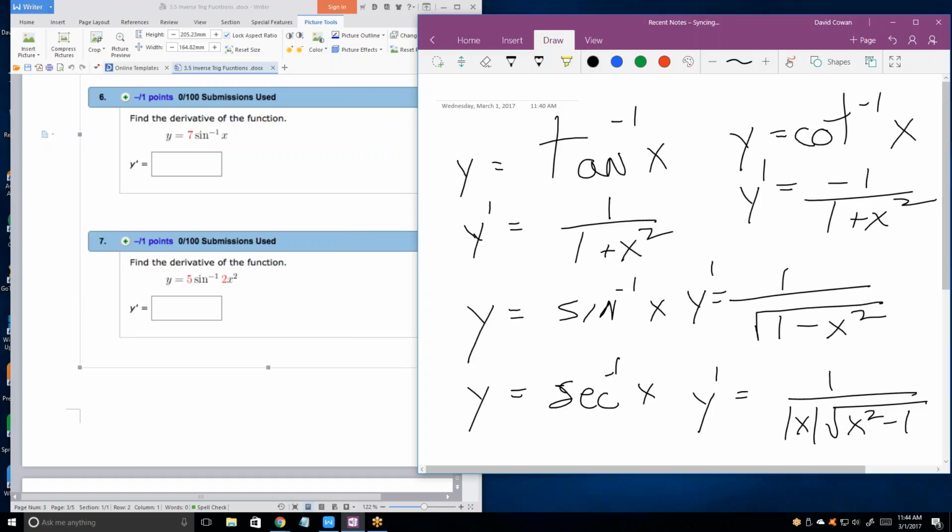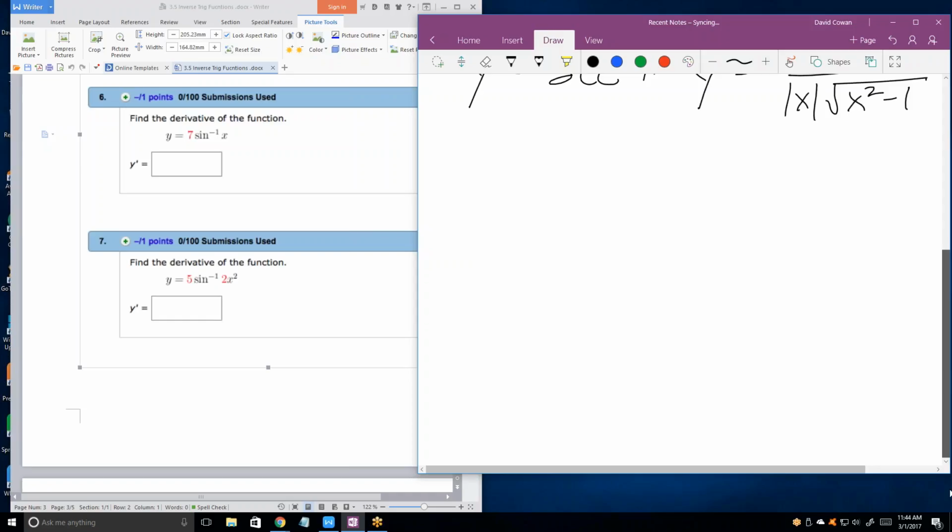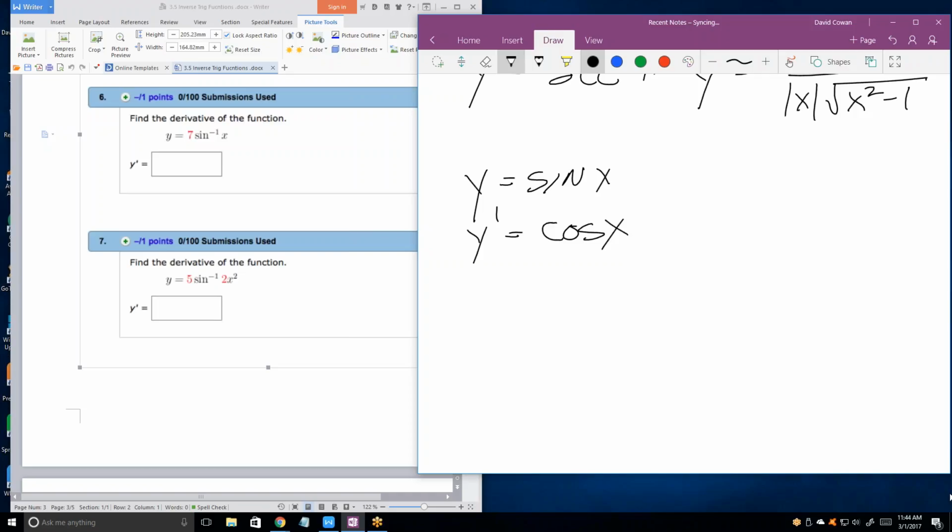Okay. By that, I'm not sure you're aware of this, but I'm going to make you aware of it because it's very helpful. If y is sine of x, y prime is cosine of x.